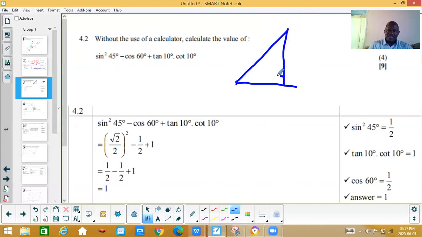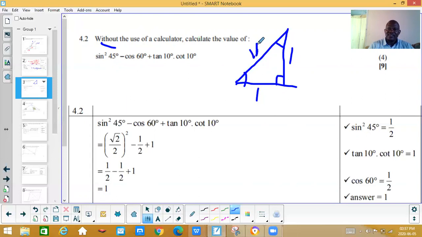It is a 45 degree angle because they are saying without use of a calculator. So for a 45 degree angle, if this one must be 45, this one must be 45. Hence, this one is 45, 45, and this side will be 1 unit, 1 unit.